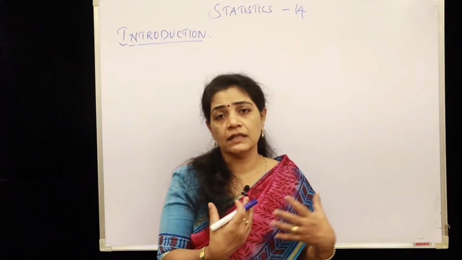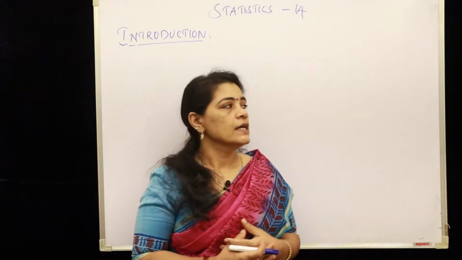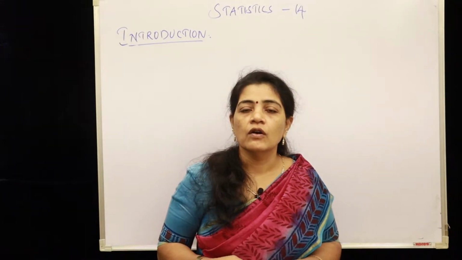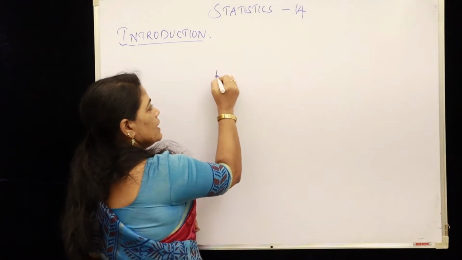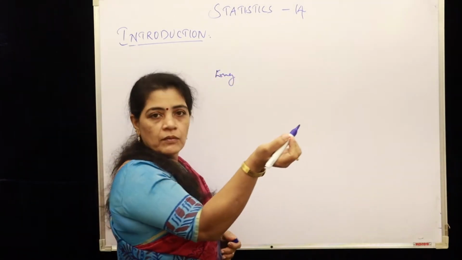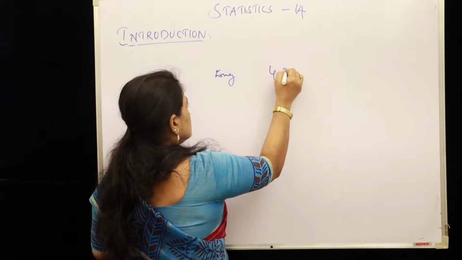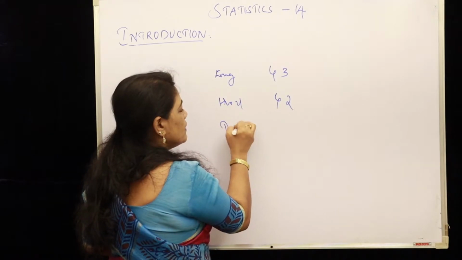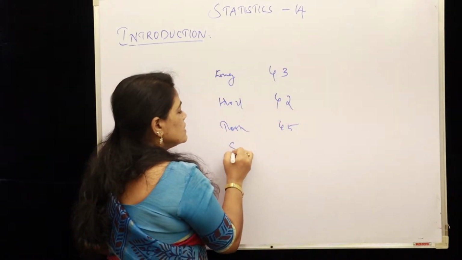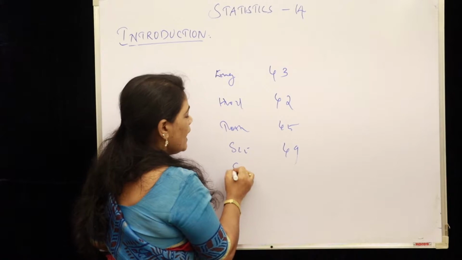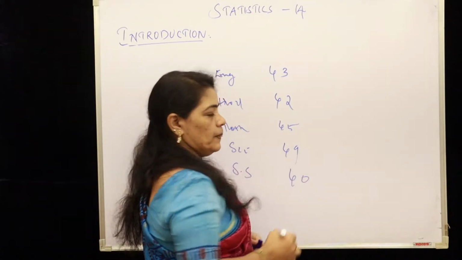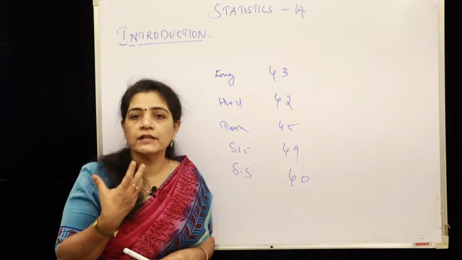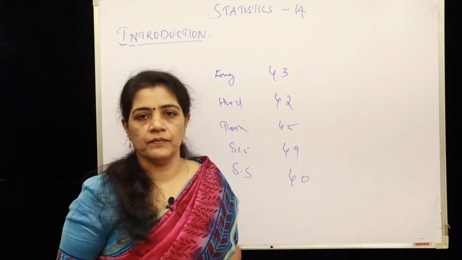Suppose I am collecting the marks scored by a student in an examination in 5 different subjects: English, out of 50 marks, 43, then Hindi 42, mathematics 45, science 49 and SS 40. That means I collected marks scored by a student in an examination.